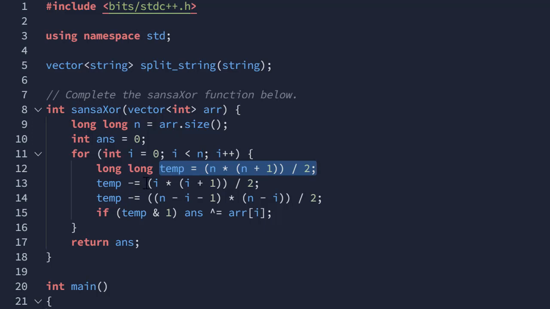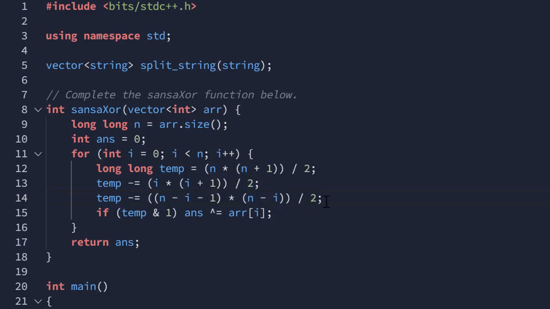So the number of subarrays in which it doesn't appear to the left side is this one, and we do the same analysis for the right side of this element. We just have to make sure that we subtract 1, because remember, the number of elements to the right of this element is going to be n minus i minus 1.